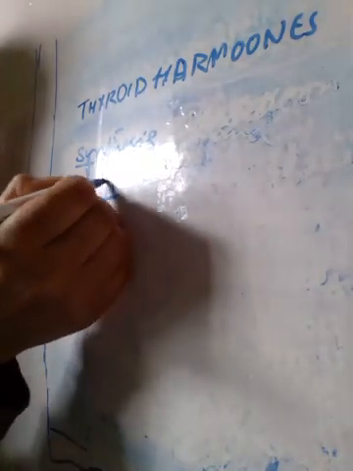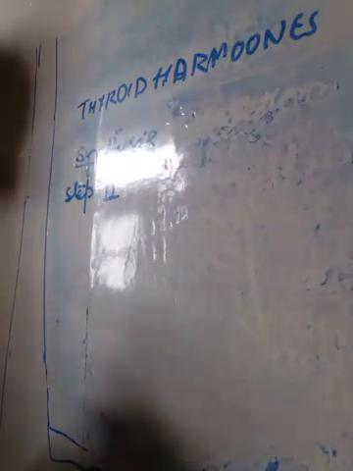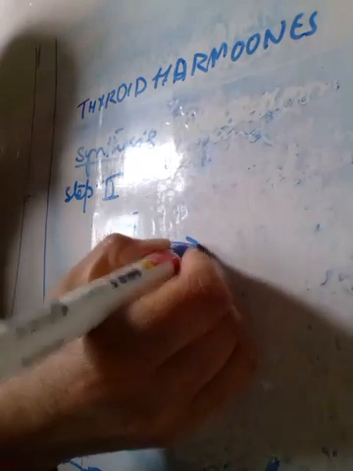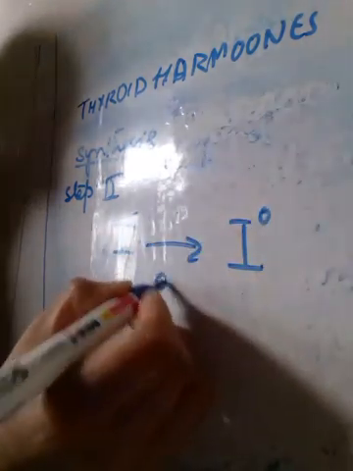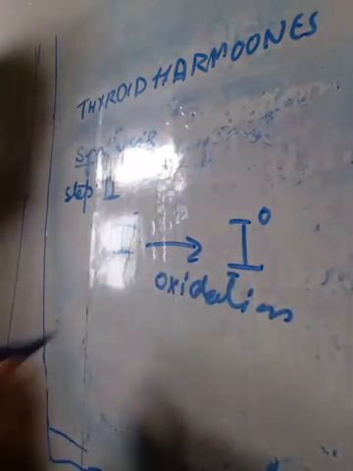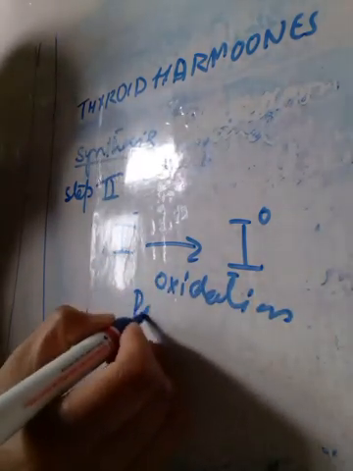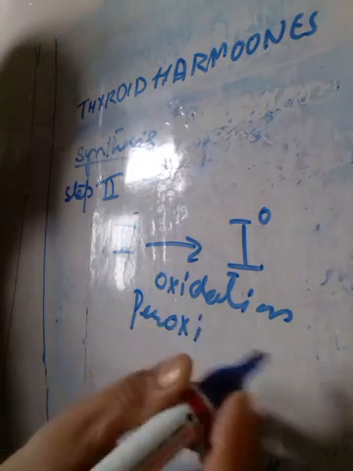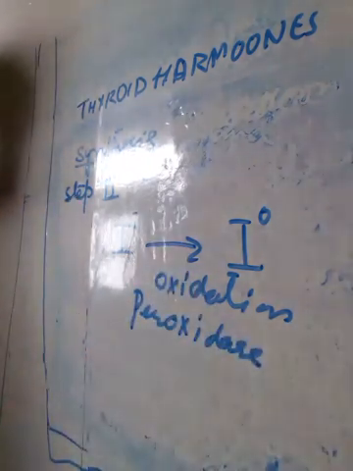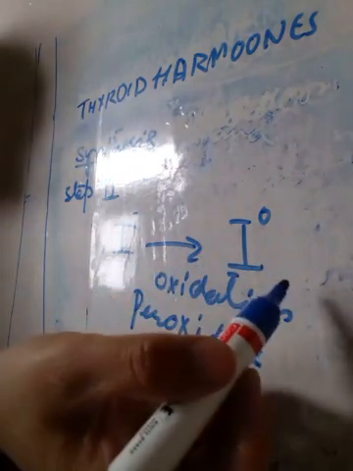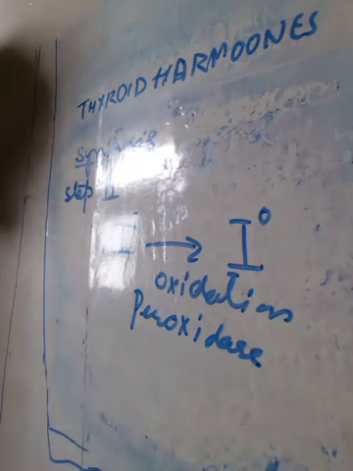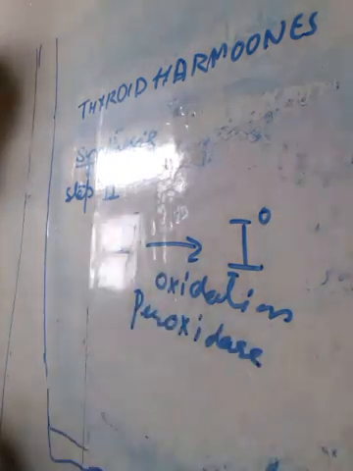Step second involves oxidation of iodide to atomic iodine, which is performed by means of an enzyme known as peroxidase. This was the step second.